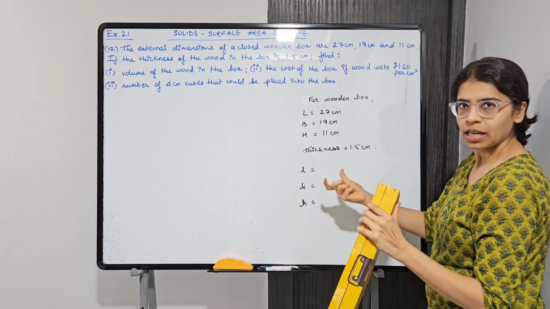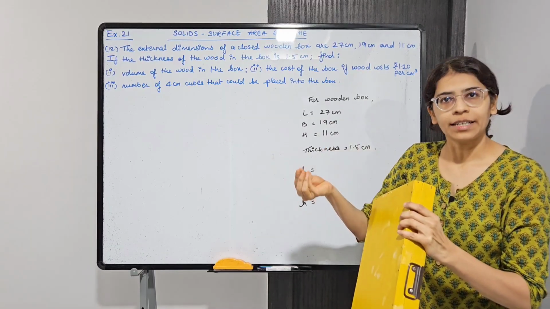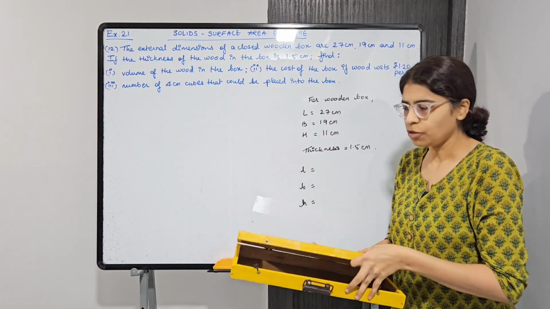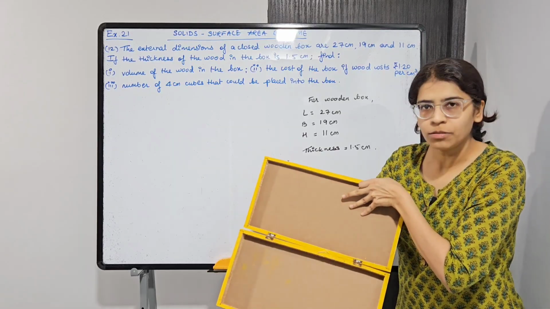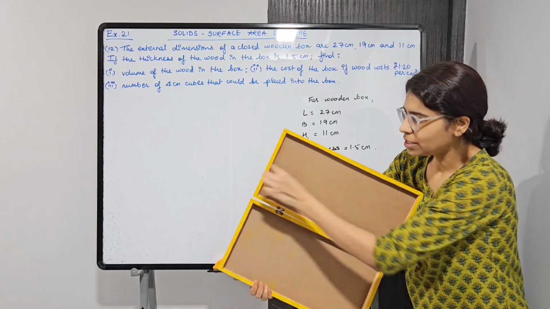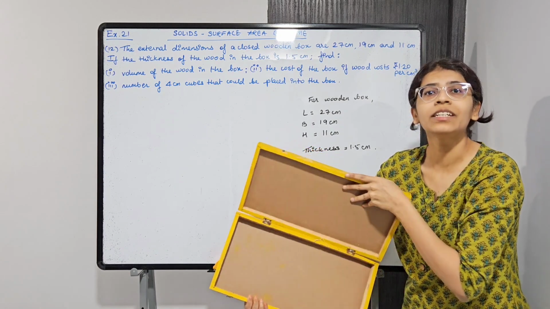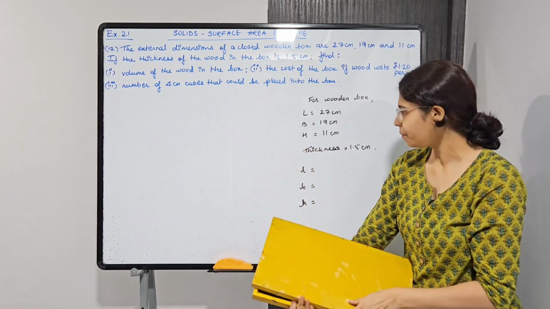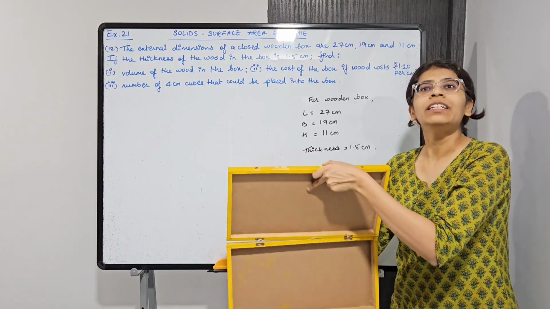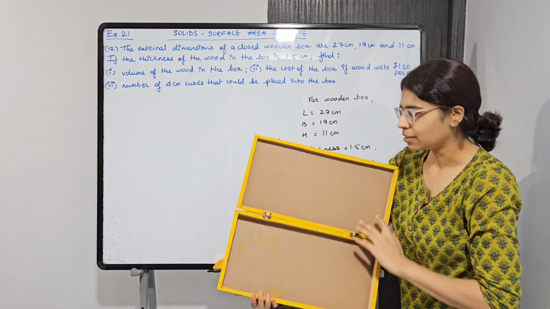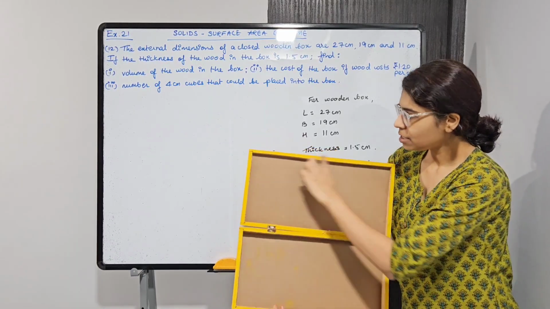Internal length, breadth and height, for which we need to consider the thickness of the box. There is a wooden box and it has some thickness. You can see the thickness is given as 1.5 centimeter. Now let's see what will be the internal length, internal breadth and internal height. Length is this longest side.